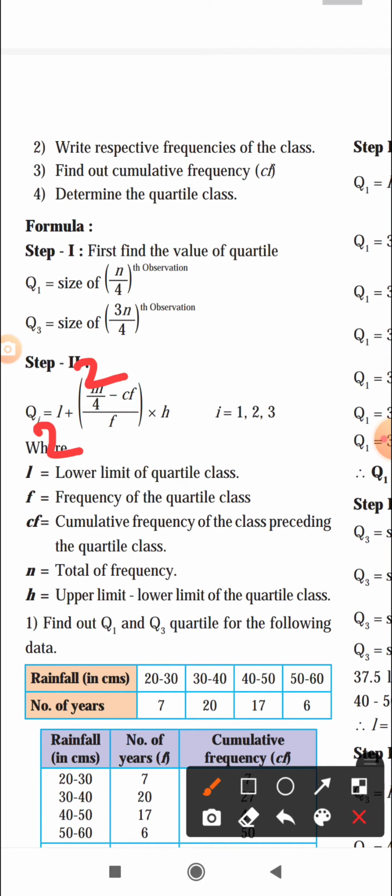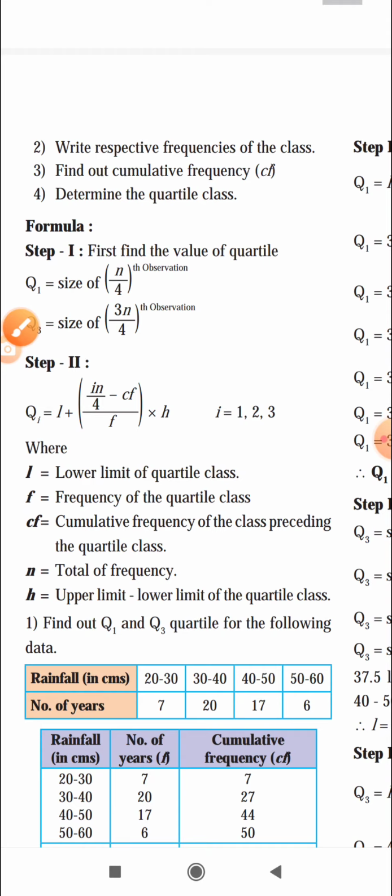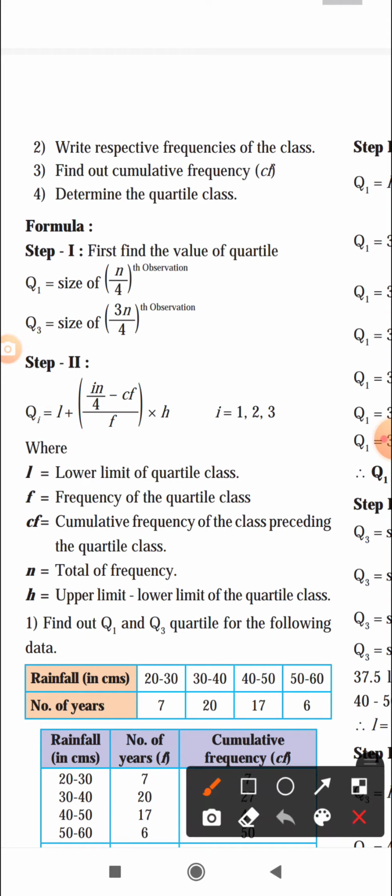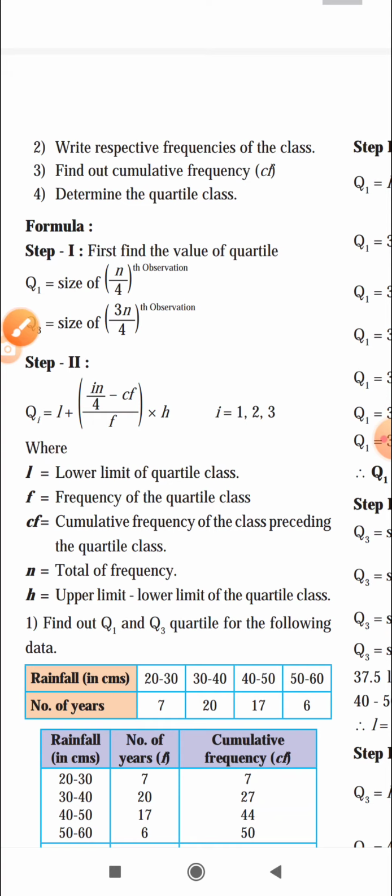And in case of Q3, we write 3n upon 4 minus CF divided by F into H. Here L stands for the lower limit of the quartile class, and how do we find the quartile class? With the help of the value of quartile.